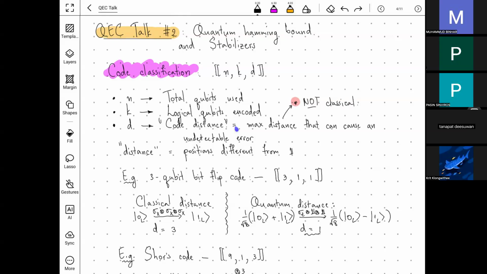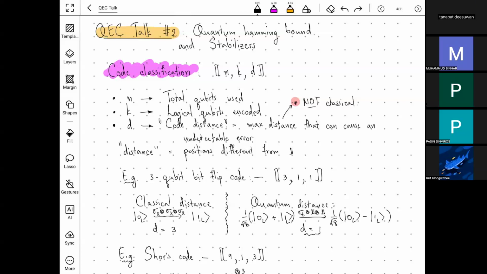So I think from his perspective, he is thinking about the metric that you use to quantify this distance. But basically this is just how many bits you need to flip or change, or let's say how many bit flips or errors occur such that your code cannot fix the error anymore.